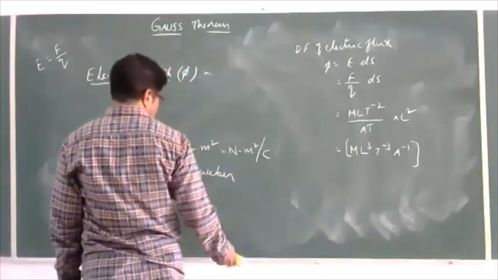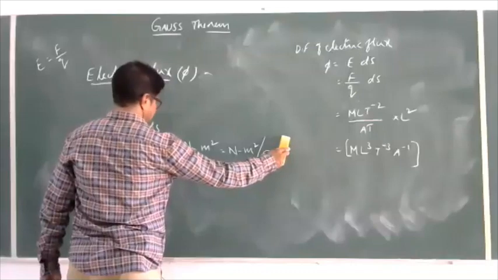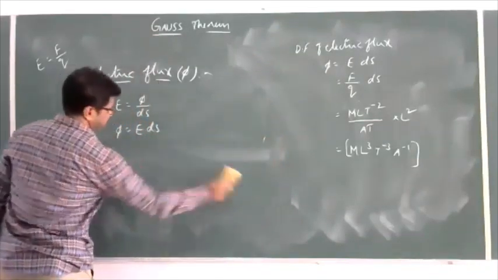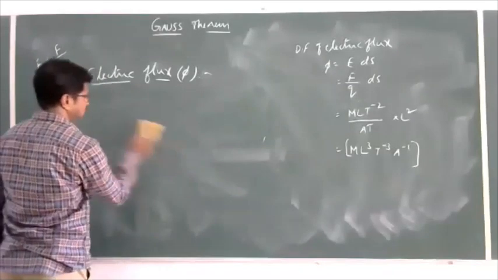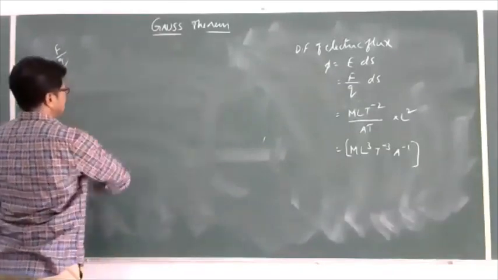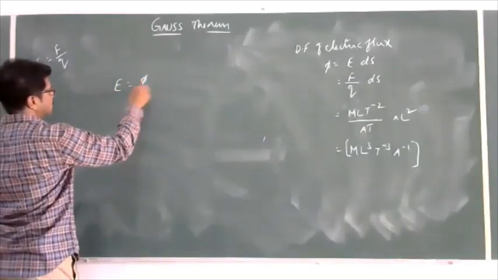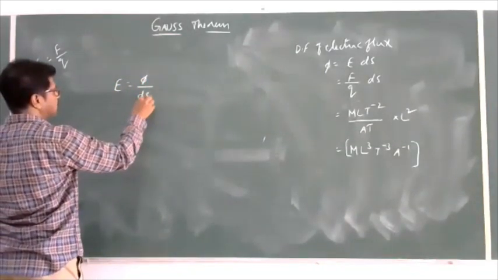So as we know, as we got the formula, E is equal to flux by area.